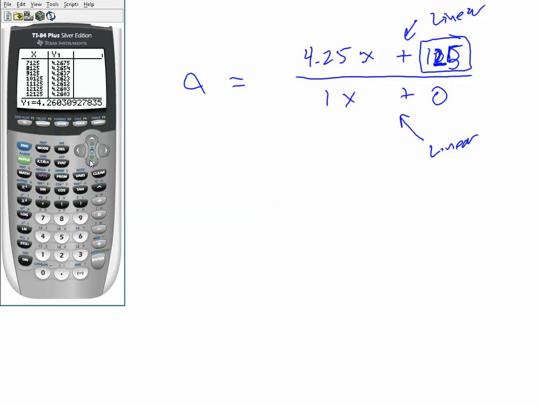So their average cost, this extra stuff that you see here, this extra penny, well, if 12,125 people were to attend, then each person would only need to soak up just a little over a penny of this $125 in order for that cost to be soaked. So we could say, let's put it this way.